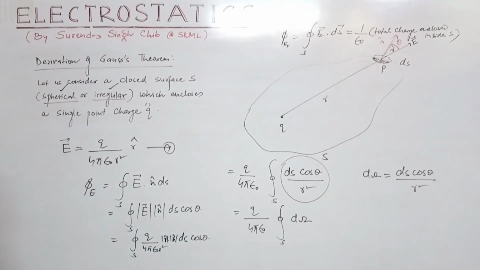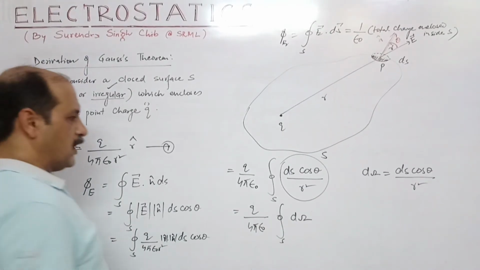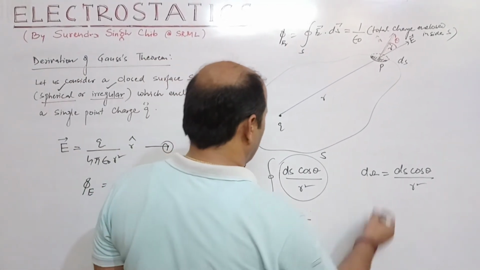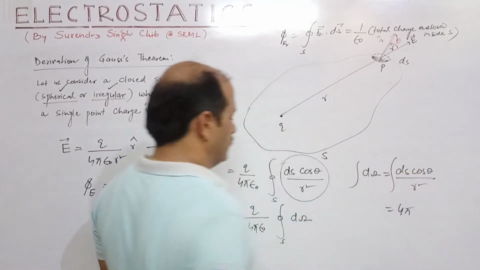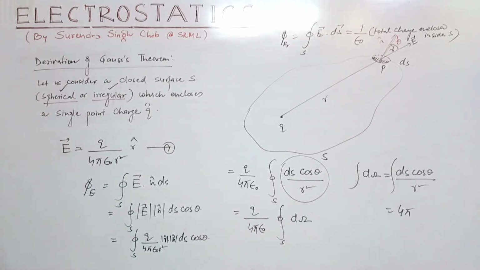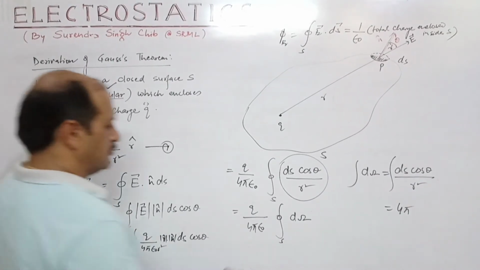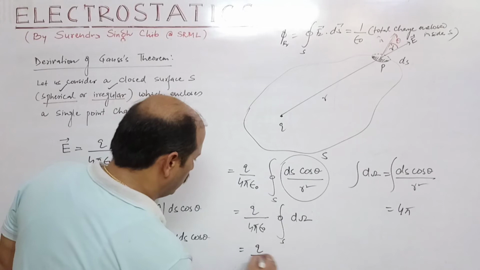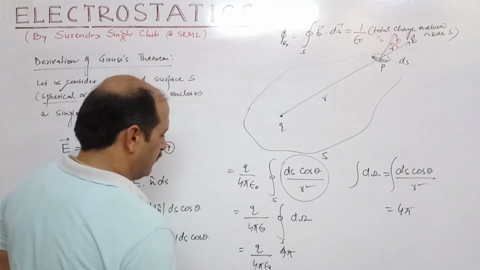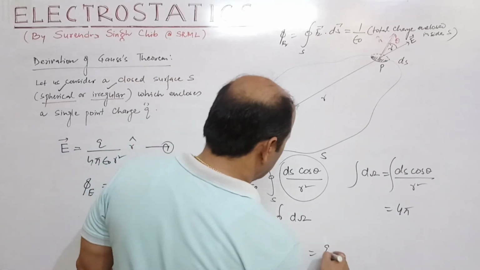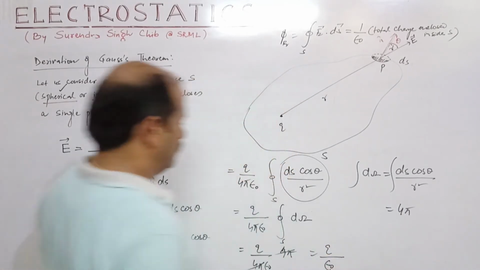It is a solid angle and its value is 4 pi. अगर आप इसे integrate कर दें तो this gives rise to 4 pi steradians. So what's our answer? It's Q upon 4 pi epsilon naught into 4 pi. 4 pi cancels. So we got Q upon epsilon naught.